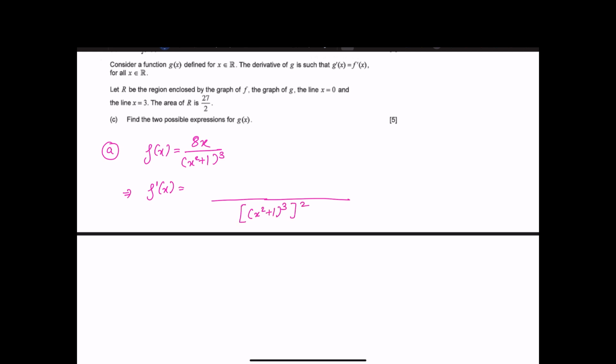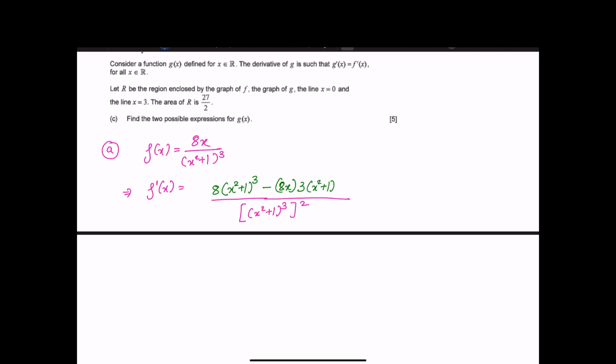Then I'll first differentiate the numerator and keep the denominator as it is. Differentiation of 8x is 8, and the denominator will remain as it is. Minus, I'll now keep the numerator as it is and differentiate the denominator. So x squared plus 1 whole cube, the differentiation will be 3 times x squared plus 1 whole squared, and the differentiation of x squared plus 1 would be 2x.